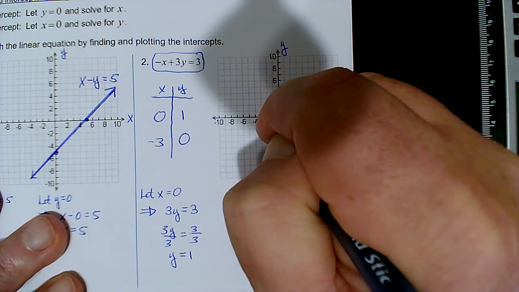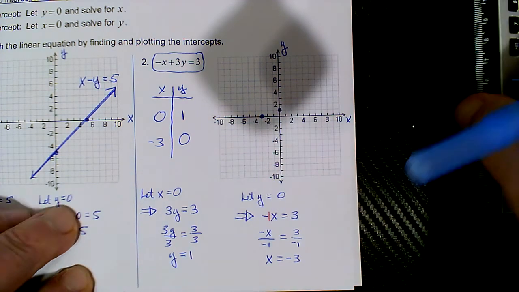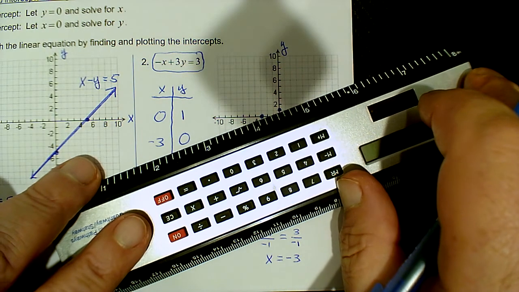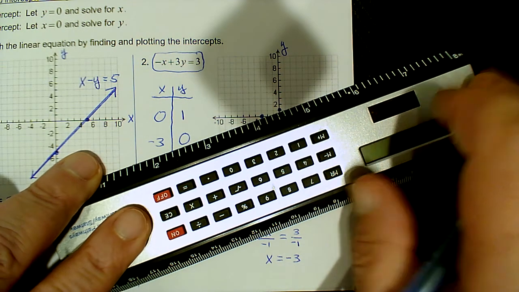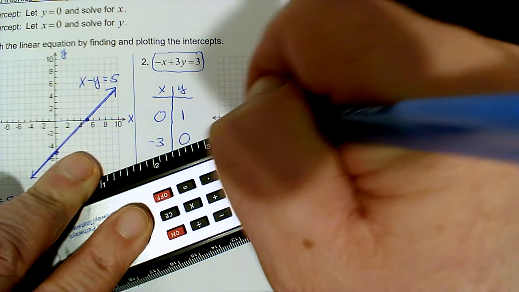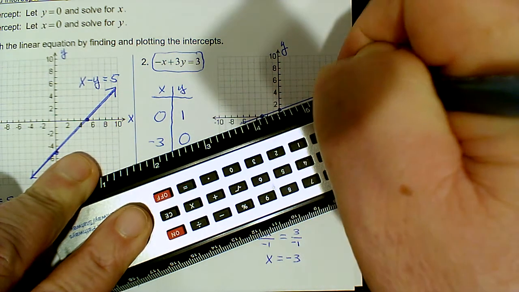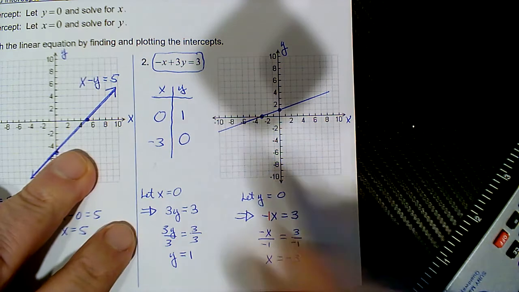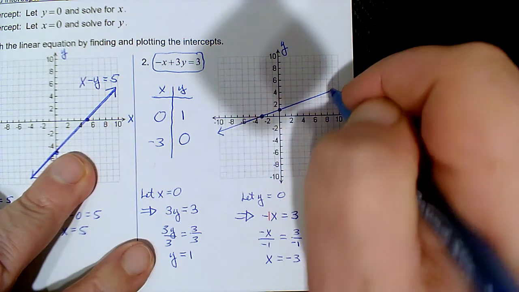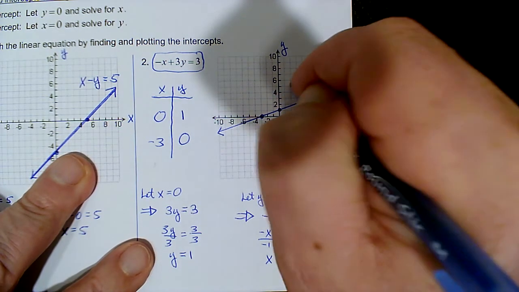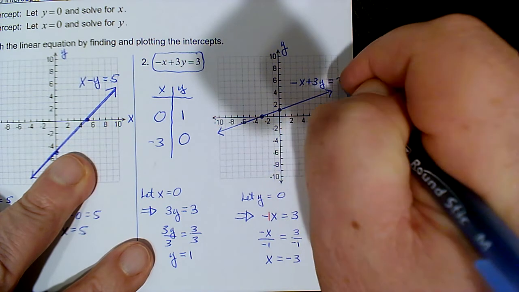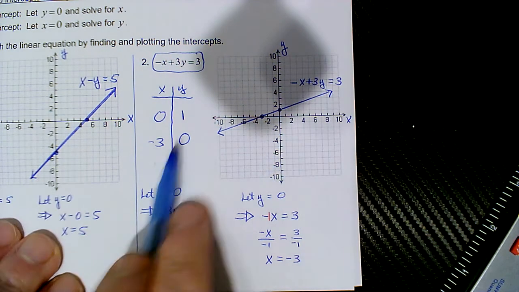So our x-intercept, and then we can get a straight edge and sketch the line. Now, in my math lab, you have the line tool that we're familiar with, so you don't have to actually have graph paper and a straight edge. You can just use the line tool, but obviously you want to show the work and create the table.